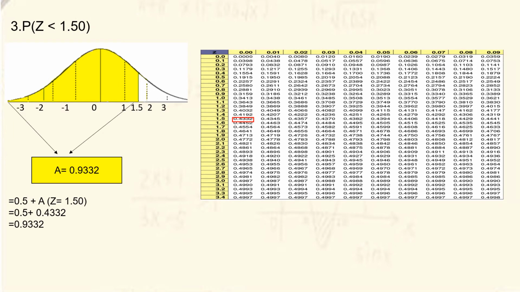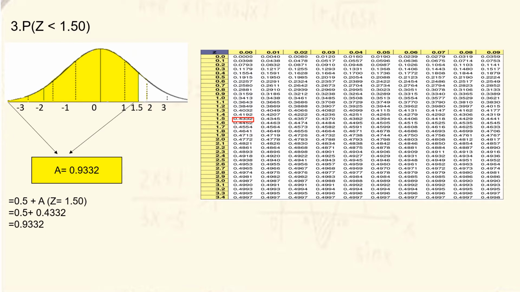For number 3, the probability z is less than 1.50. To find the shaded region, since there's only one value of z, which is 1.50, and it uses the less than sign, the shaded region is from 1.50 going to the left side of the curve. To find the area, first we have to convert the z value to standardized random variable with the use of the standard normal distribution table.